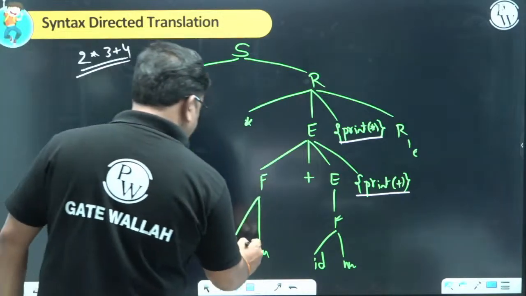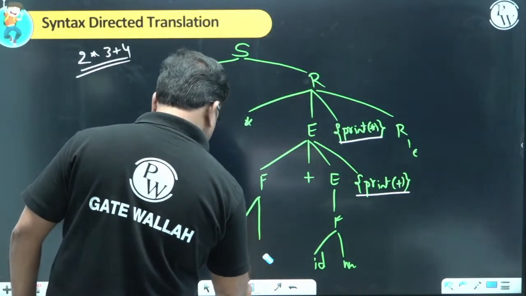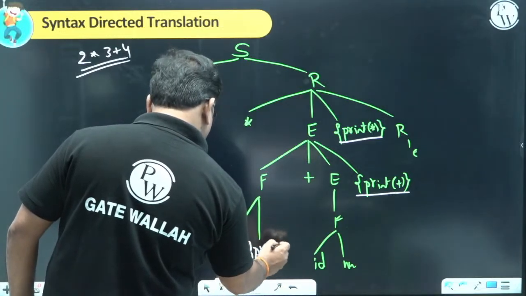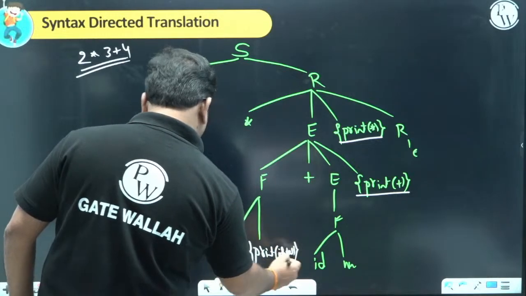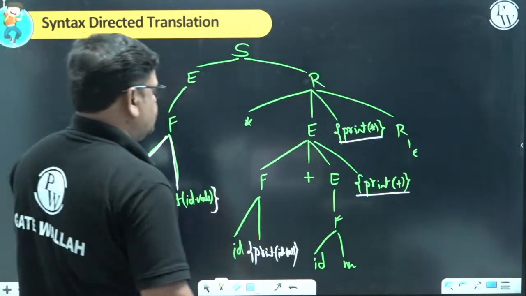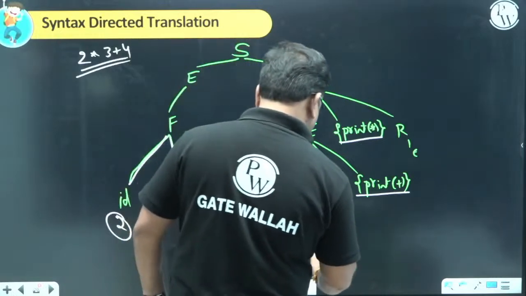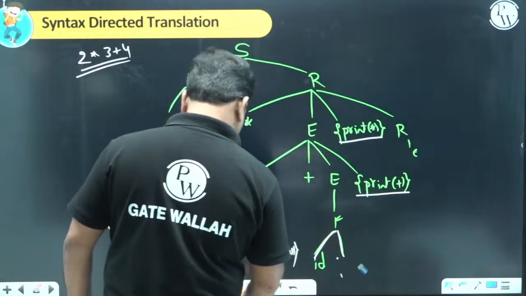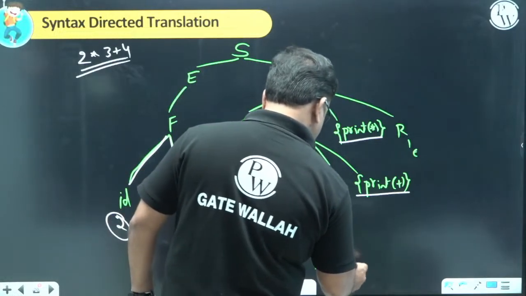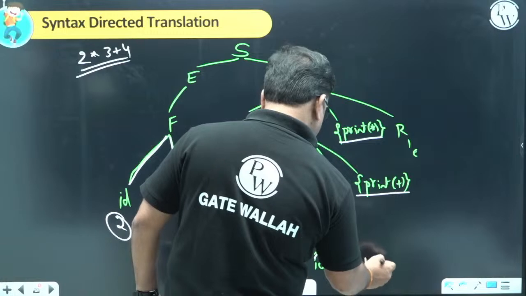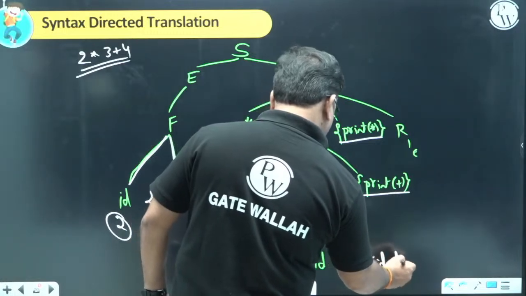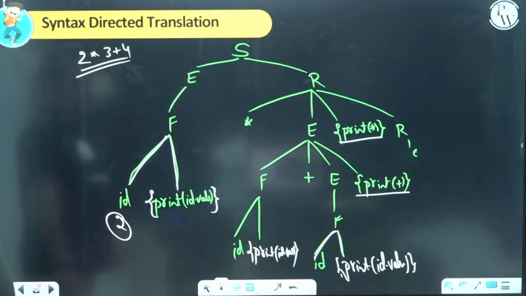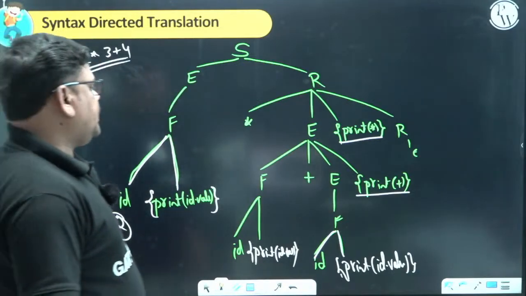Then F to ID, and then here print ID dot val rule. Then here E to F, F to ID, print ID dot val. Print ID dot val. Okay, like this.